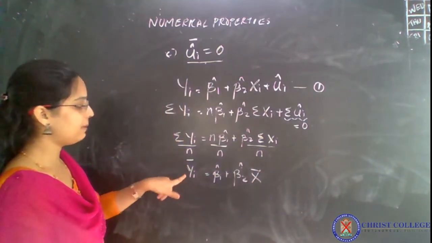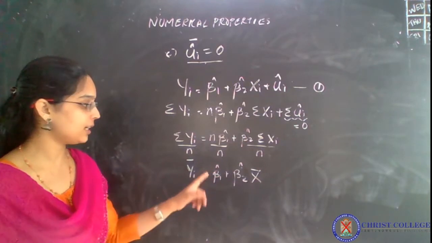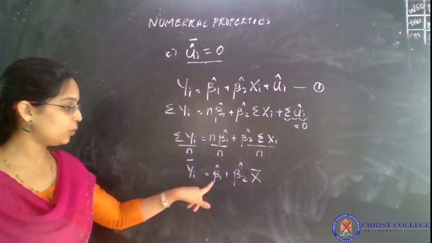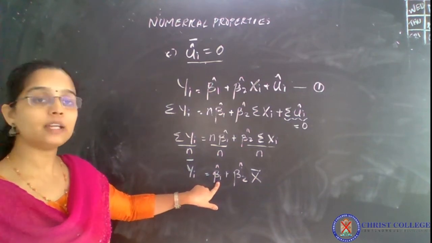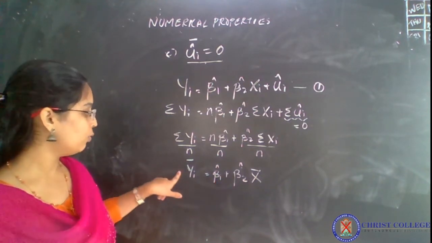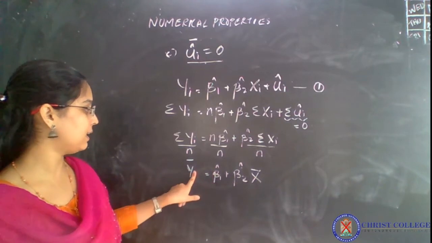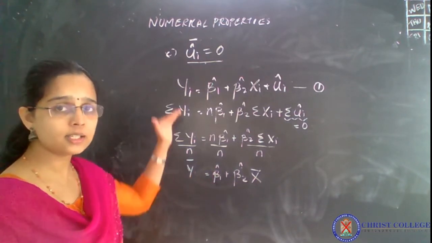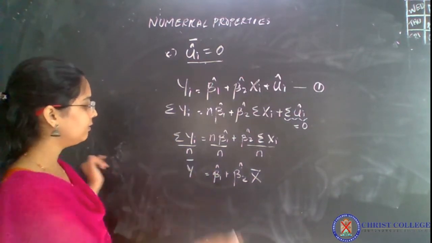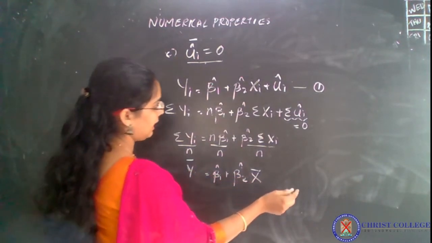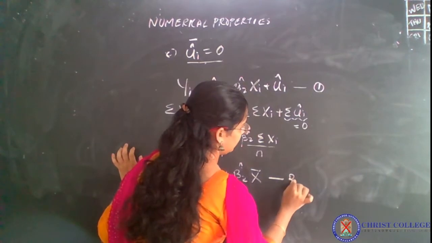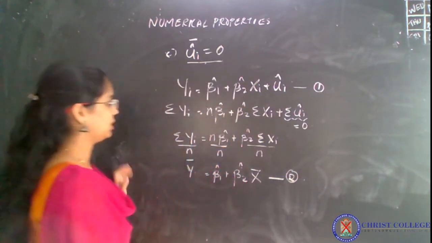So, y bar is equal to beta 1 hat plus beta 2 hat x bar. Hope you remember this equation that we already came across when we were finding beta 1 hat equals y bar minus beta 2 hat x bar. The same equation is derived here, and we get y bar equal to beta 1 hat plus beta 2 hat x bar. Let this be the second equation.